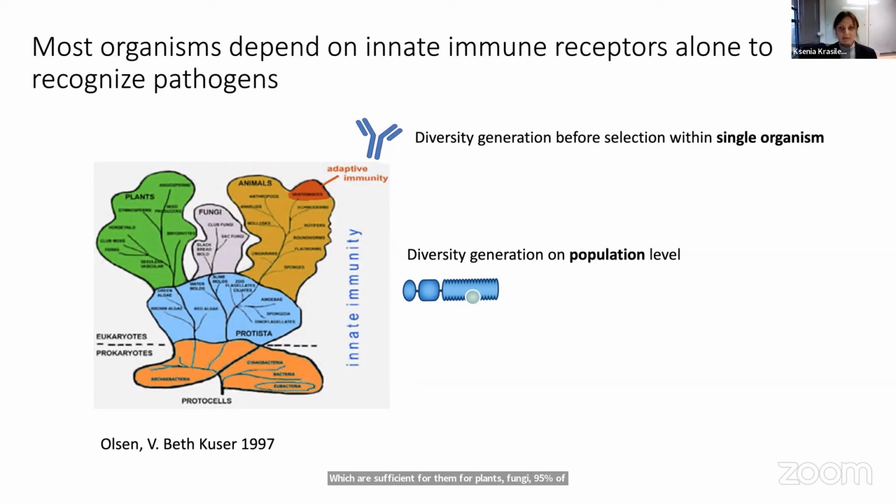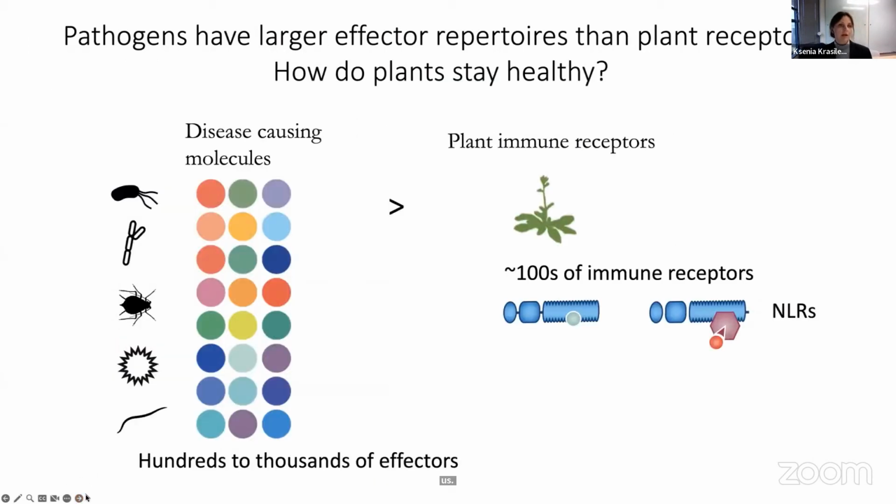And so my question has been, how do these organisms cope with infections with the same types of rapidly evolving pathogens that infect us? And I've been focusing on two sides of the story. On the disease-causing molecules that are encoded in the pathogens, they're called effectors.